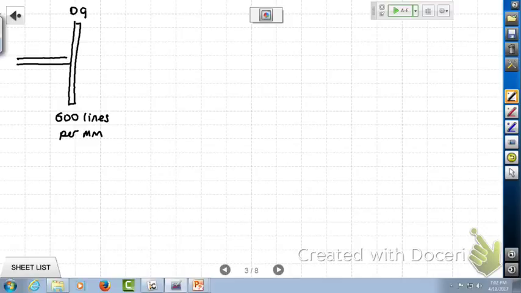Let's say we have 400 nanometer is the lambda. I want to know what angle we diffract at the first time.